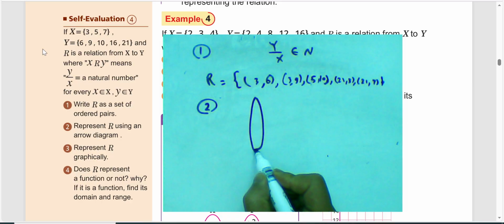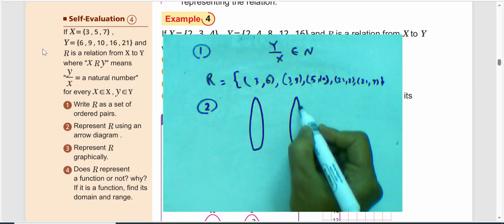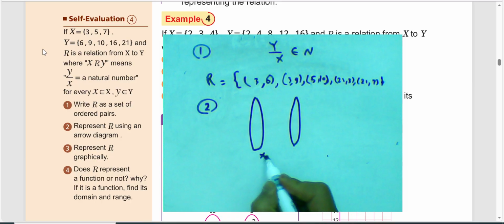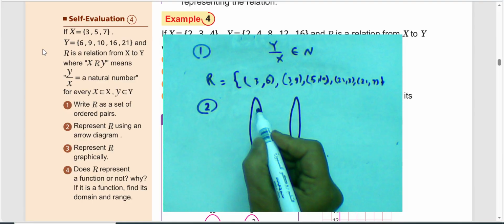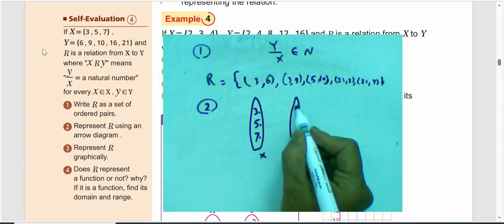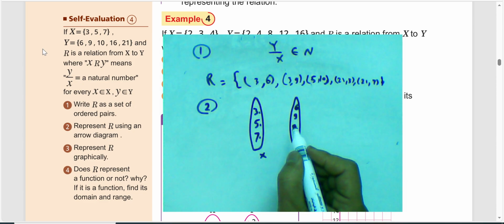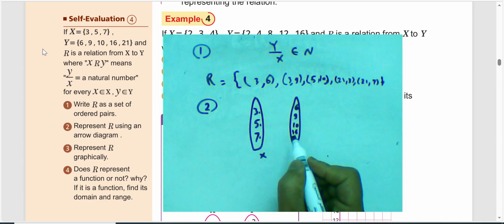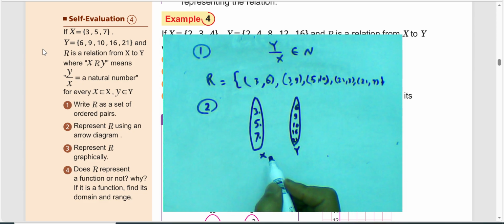We can draw the arrow diagram like this, vertical, with 2 sets x and y. x was 3, 5 and 7, and y equal 6, 9, 10, 16, 21.